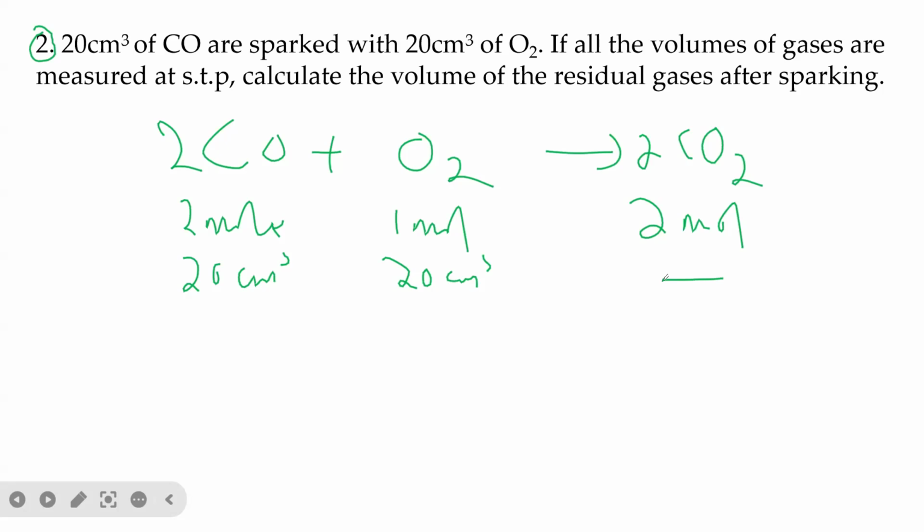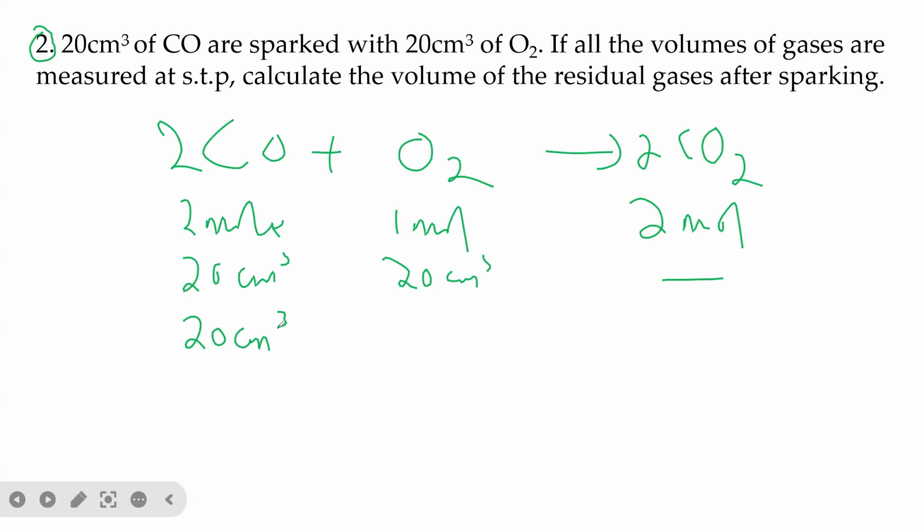We need to know that here we have 20 centimeter cube when sparking. And by looking at the number of moles of carbon monoxide and oxygen, they are not the same. Here we have 2 moles of carbon monoxide and 1 mole of oxygen, so during this sparking, they are not going to have equal volume. So we have to follow Avogadro's law.